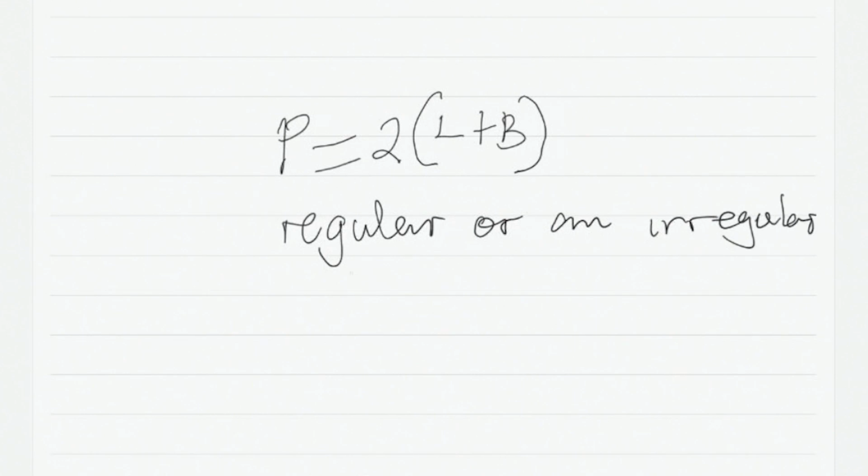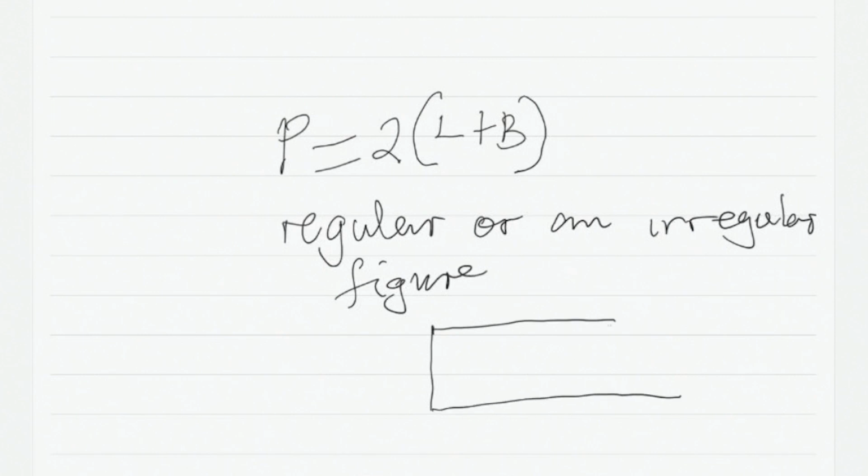Looking at the figure that has been given, it is not a regular figure, it is an irregular figure. So the formula P equals 2 open brackets L plus B does not suffice.